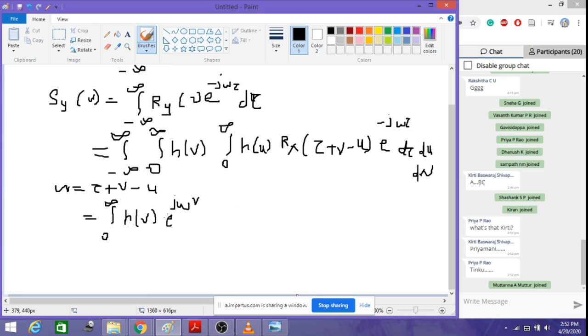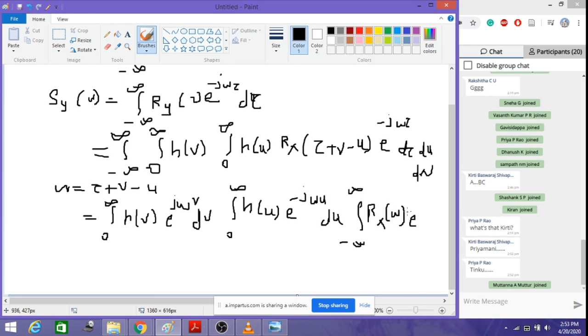So this is into dv, and then the integral from 0 to infinity of h of u into e power minus j omega u into du, and then the integral from minus infinity to plus infinity of Rx of w into e power minus j omega w into dw.